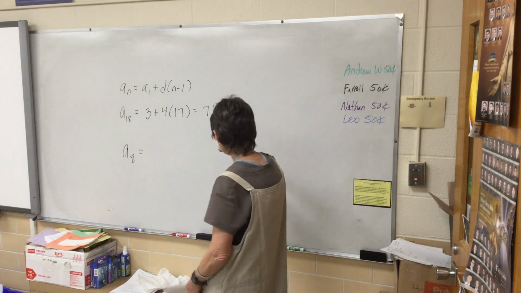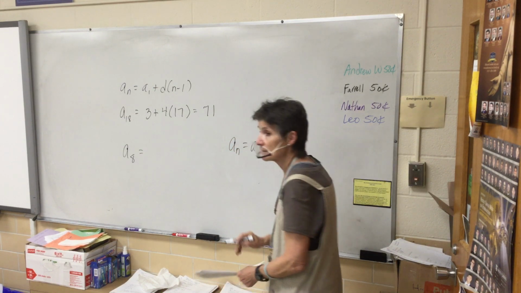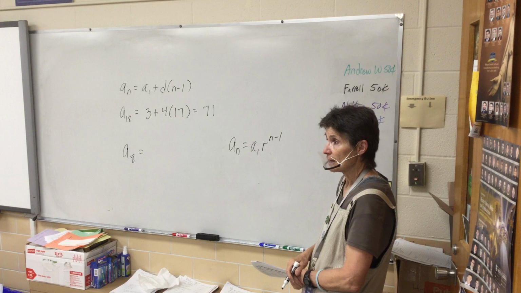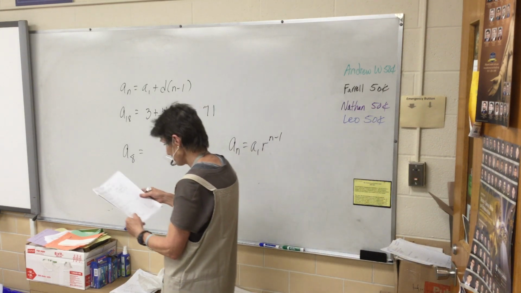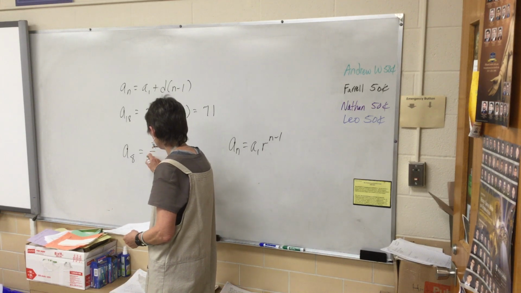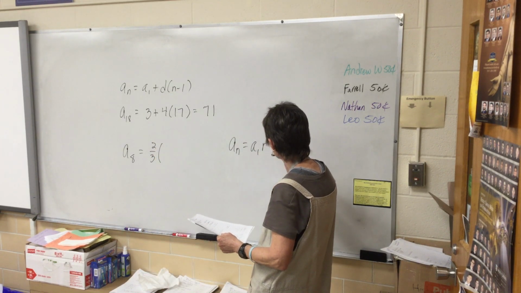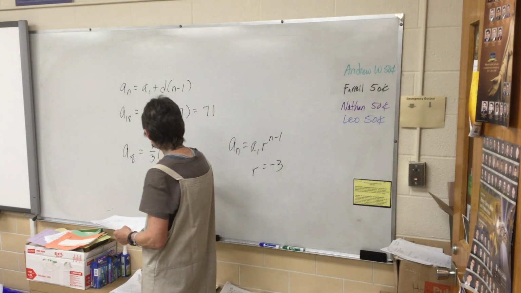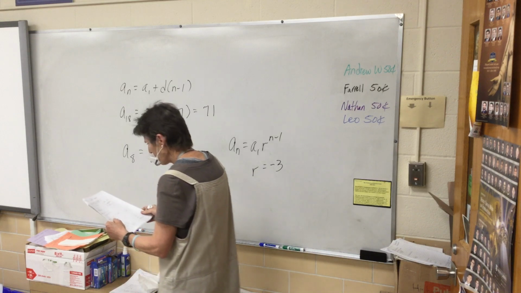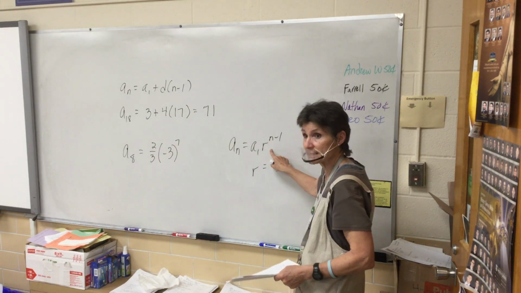And the formula for geometric is this. So I want the 8th term, so that's going to be the first term, which is 2/3, times the ratio. What did you tell me we were multiplying by? Negative 3, to the 7th power, n minus 1, and n is 8 in this case.